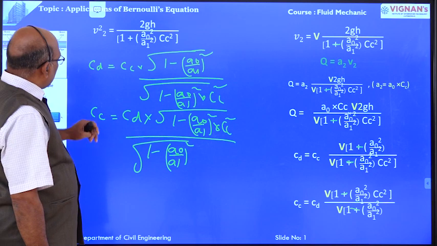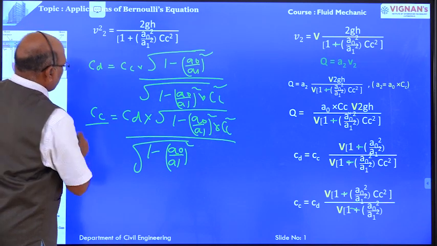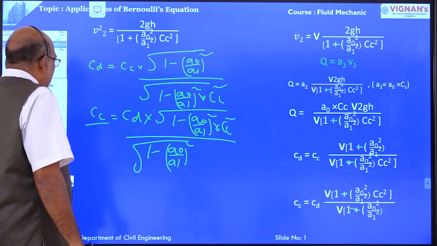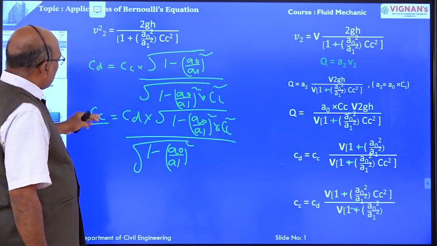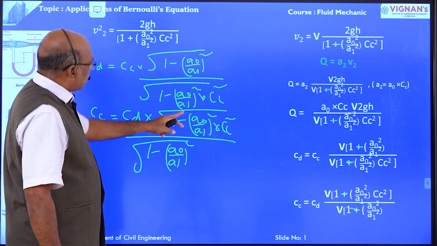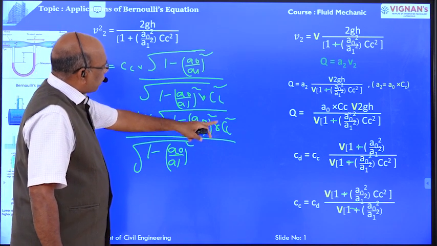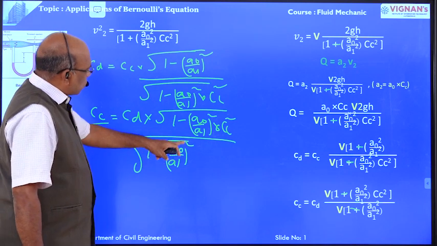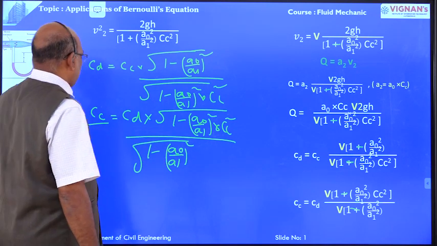Now, in place of CC, we are going to substitute the value in the above equation. That is, CC is equal to CD into root of 1 minus (A0 by A1) square into CC square, divided by square root of 1 minus (A0 by A1) whole square.